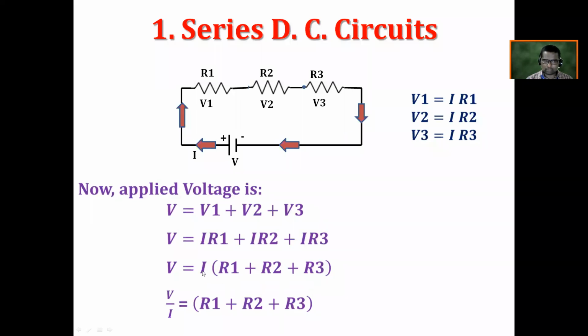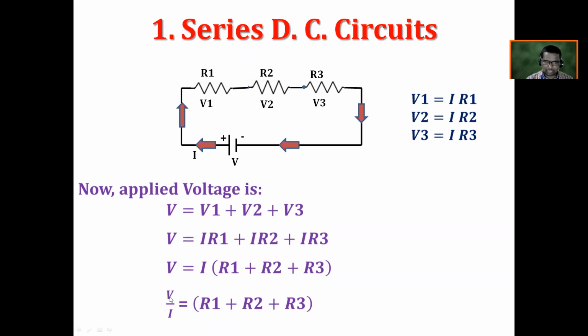Now when I transfer this I to the left hand side, it should be divided into the voltage. So this V is the total voltage, and I is the total current, which is equal to R1 plus R2 plus R3.